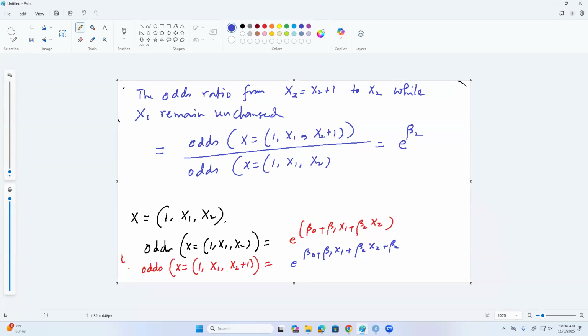So e to the power beta 2 is the odds ratio for changing the second predictor for 1 unit, right, while you keep the other variable unchanged. That is the interpretation. For every parameter, you will have the same interpretation.